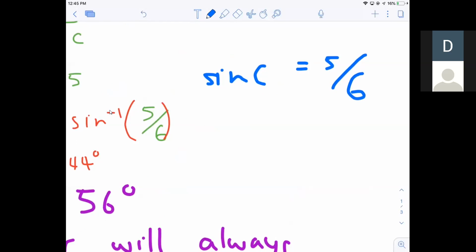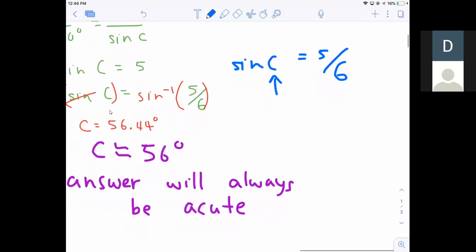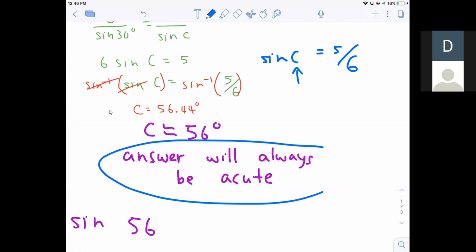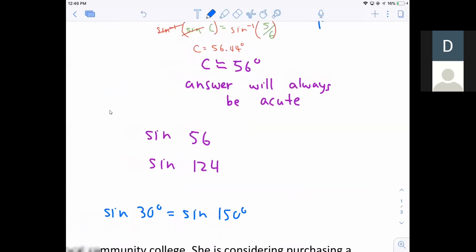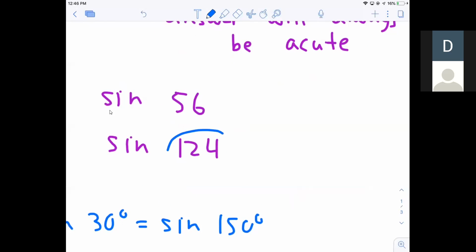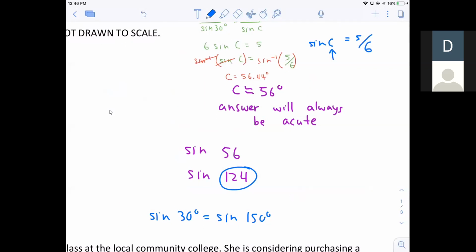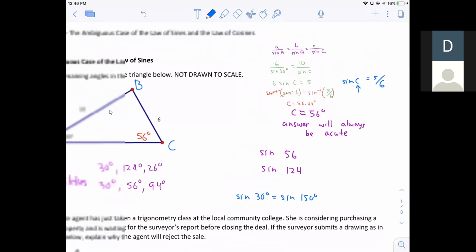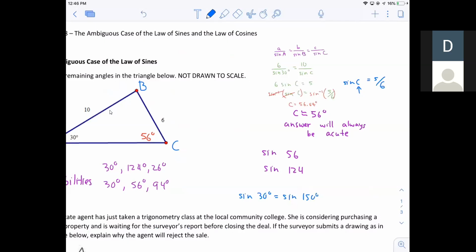There are actually infinitely many angles where it's equal to 5/6. But your calculator is always just going to give you the first one in the first quadrant, the acute angle. But like we see here, sine of 124 is also equal to 5/6, approximately at least. So there are two possibilities here.